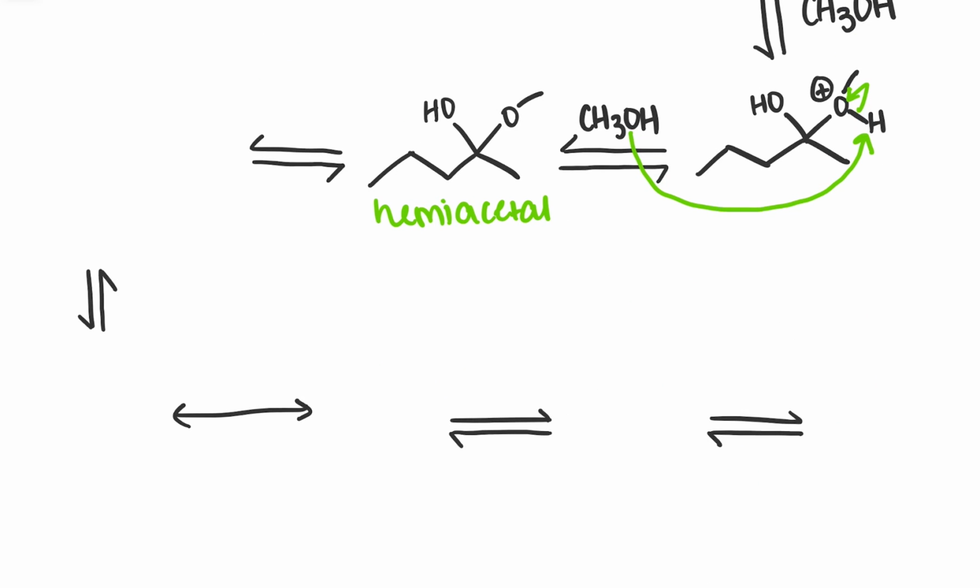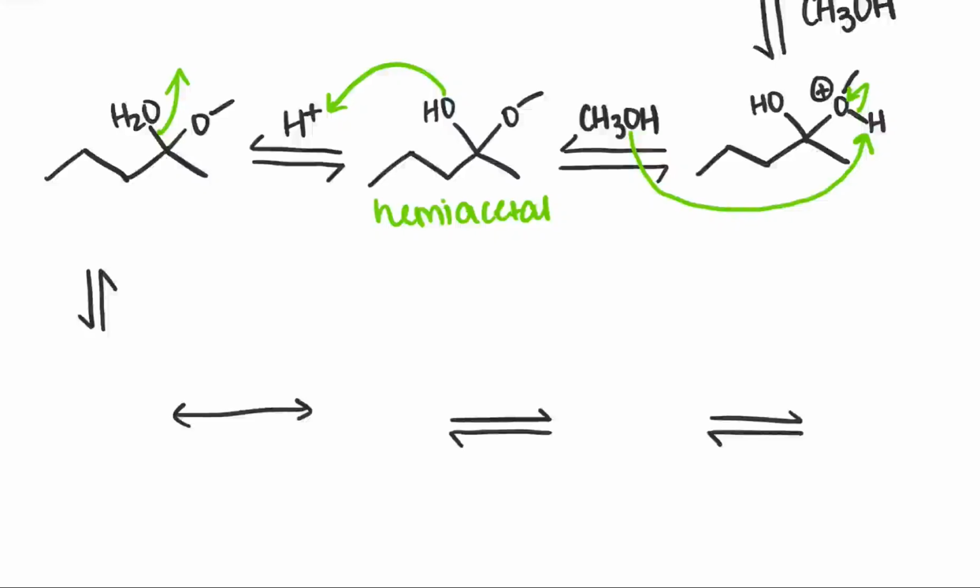Next, we are going to basically do all of what we've done so far again. So we are going to add more H+, which is going to protonate our alcohol group even further, giving us water, which is a really good leaving group, which is then going to leave our molecule.